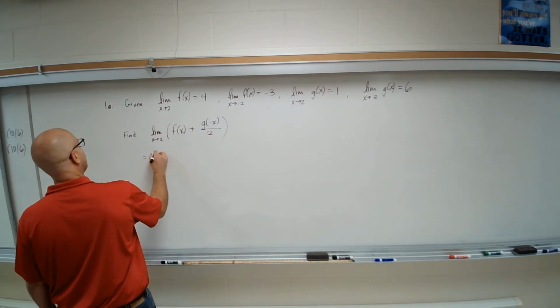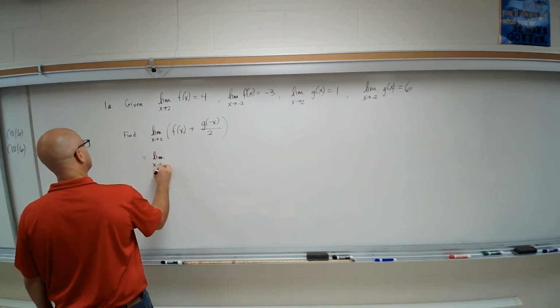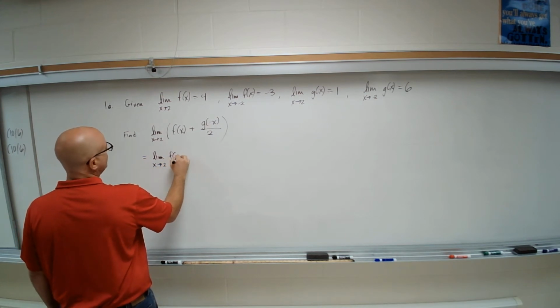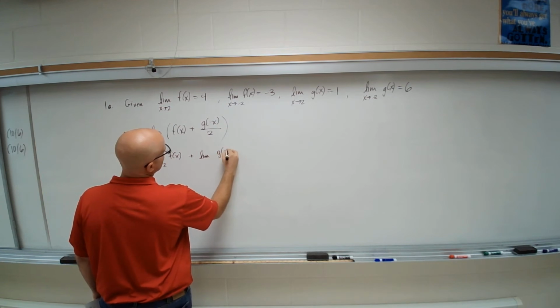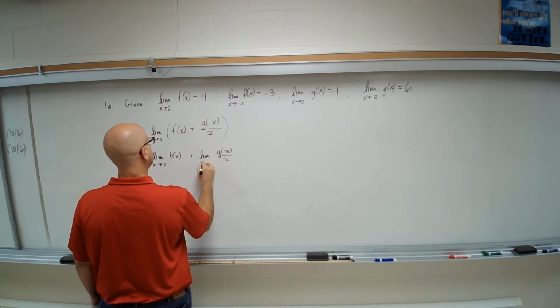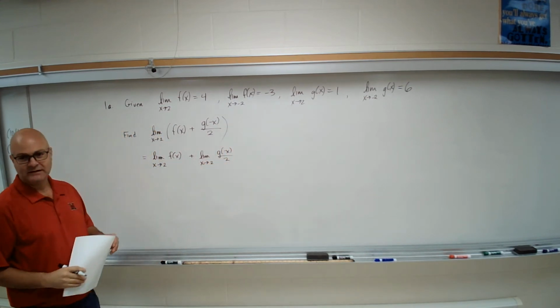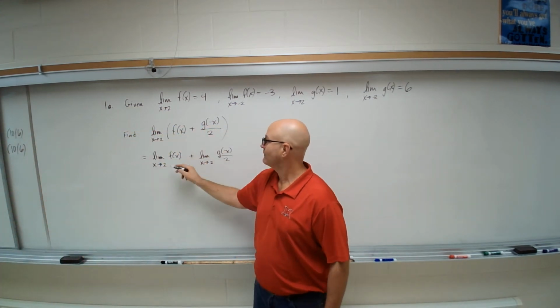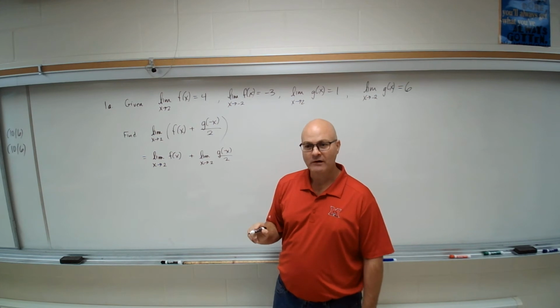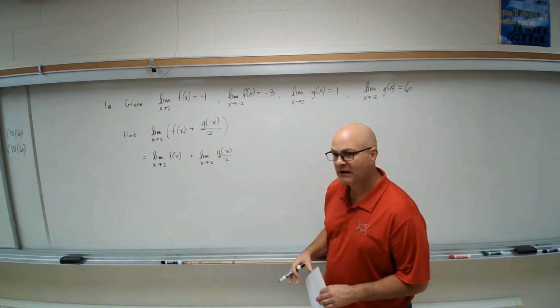So let's say that would be the limit as x approaches 2 of f of x plus the limit of g of negative x over 2 as x approaches 2. So in terms of breaking this down, this is kind of done, right? We know we're just going to replace that with a 4. This one, got a little bit going on here.